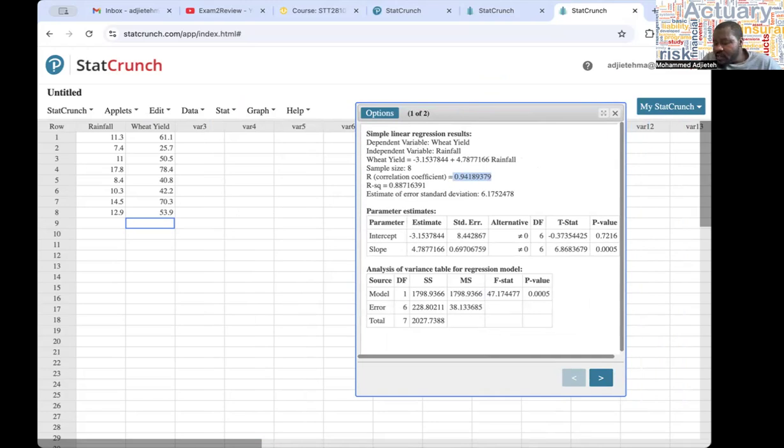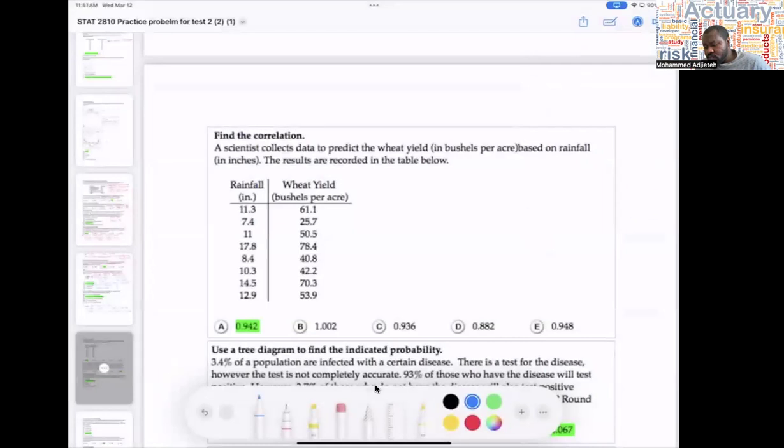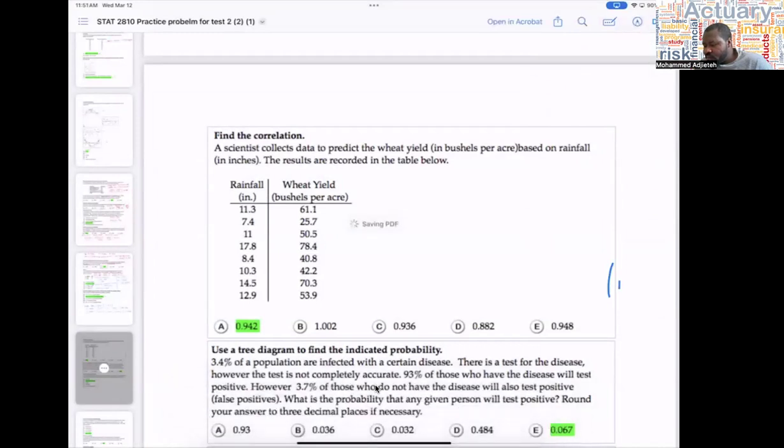Let's take note of that. So you see that is 0.942. You can use StatCrunch to be able to do that.